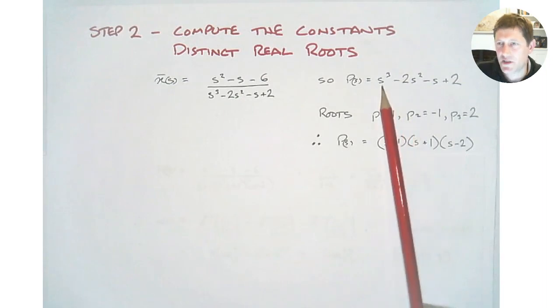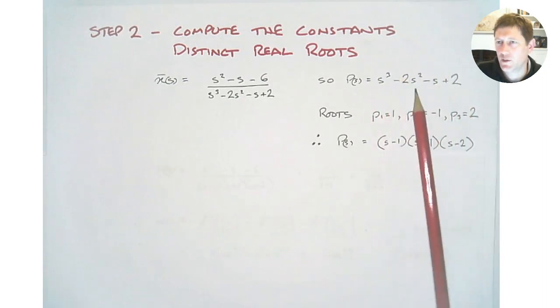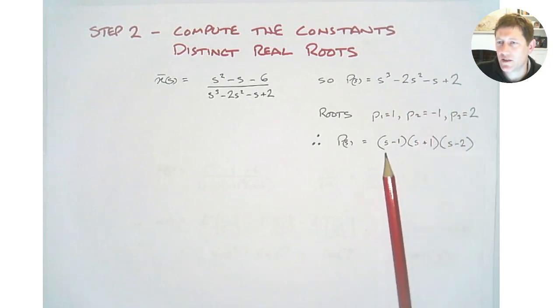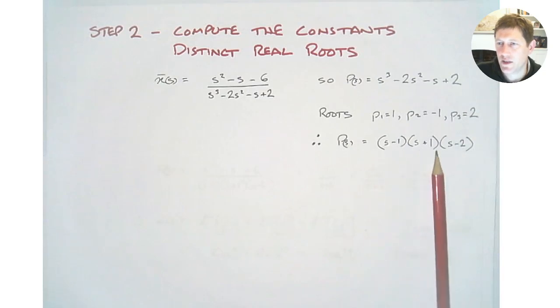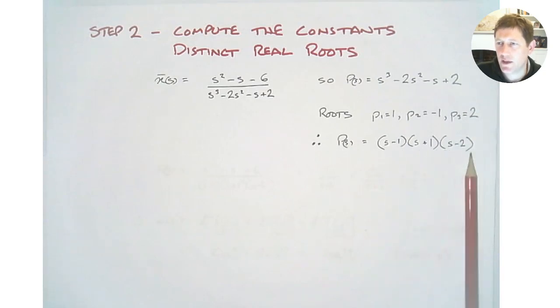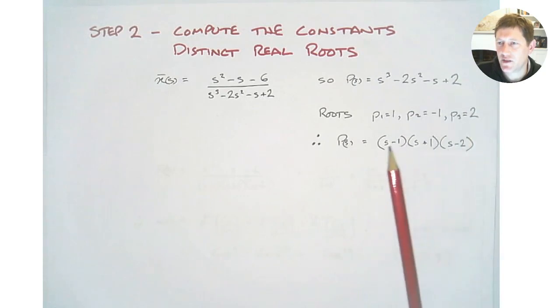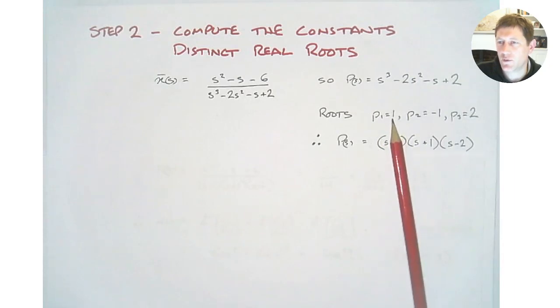The partial expansion starts by saying that we can write our polynomial s cubed minus 2s squared minus s plus 2 as this function: s minus 1 multiplied by s plus 1 multiplied by s minus 2. Because we know the roots, each of these terms can be found. So s minus 1 must be a term because we know that 1 is a root.